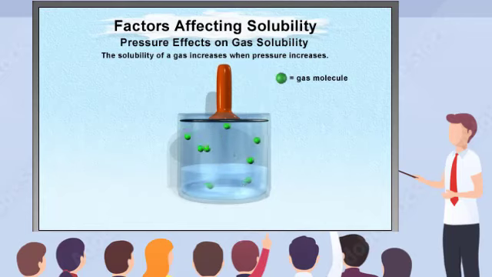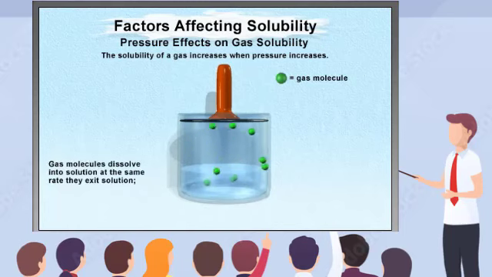The gas molecules within the chamber are constantly in motion. Some gas molecules dissolve into solution, while some gas molecules already dissolved in the solution come out of solution. These two processes, the gas molecules dissolving into solution and the gas molecules leaving solution, occur at the same rate and are therefore said to be in equilibrium.